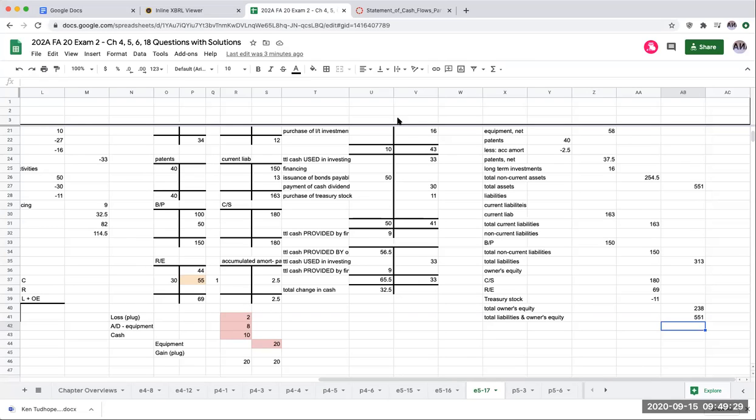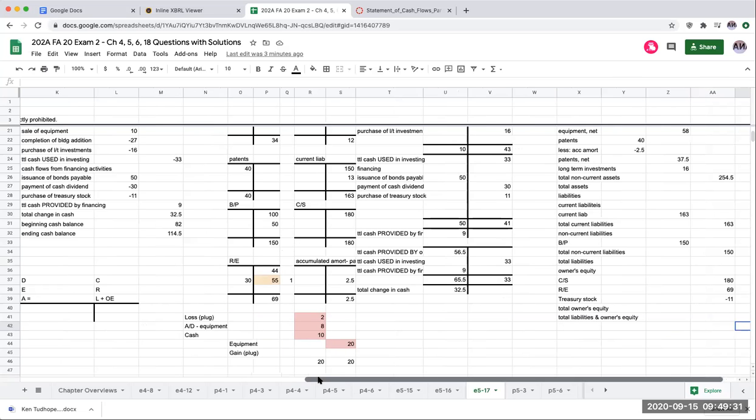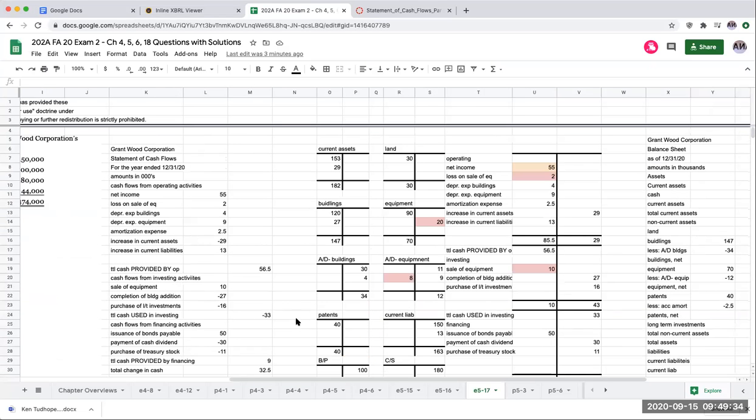As I'm looking here at the solution manual, let's see. So I got the net income. I didn't put in the plus or minus adjustments to reconcile net income. But over here, they combined the two amounts for depreciation expense. I broke it out. Amortization expense of the patent, increase in current assets, negative 29, increase in current liabilities of 13.